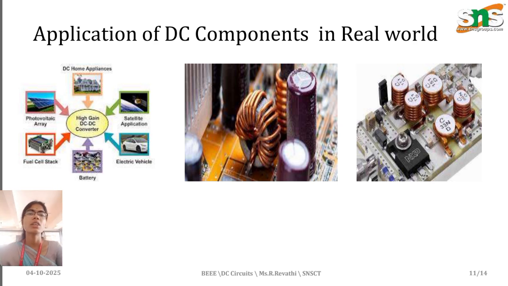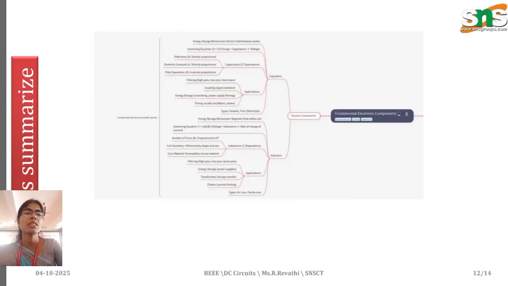Examples include batteries, electric vehicles, satellite applications, DC home appliances such as chargers, photovoltaic arrays in solar cells, and fuel cell stacks used in hybrid vehicles. These are the high gain DC converters. Many applications are there; the day-to-day appliances we use consist of these passive and active elements.